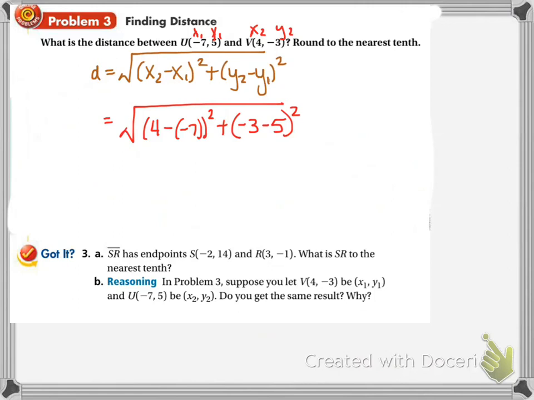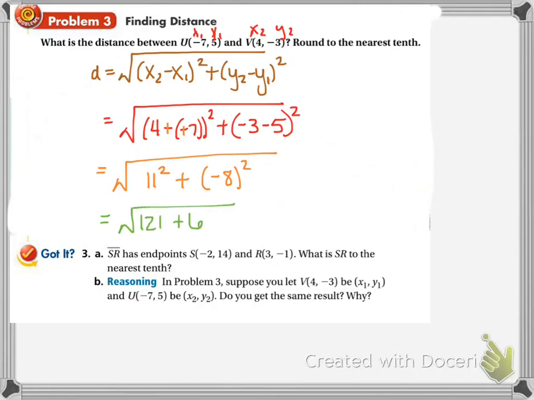So we have to simplify inside the parentheses first. So 4 minus a negative 7 is the same as 4 plus 7, so 11 squared, plus negative 3 minus 5 is negative 8 squared. That's going to give me 121 plus 64, which is equal to 185.